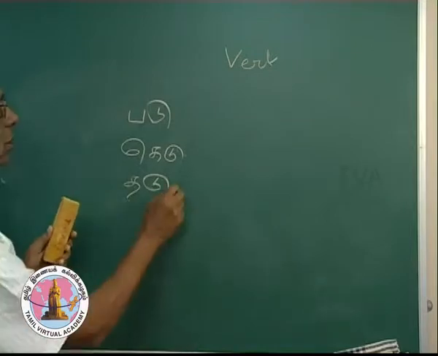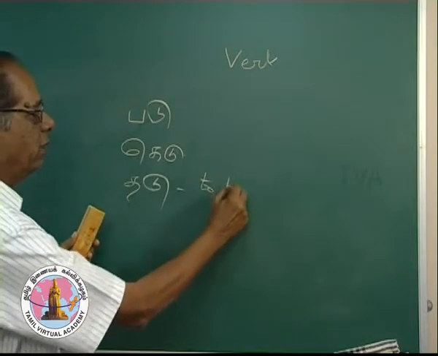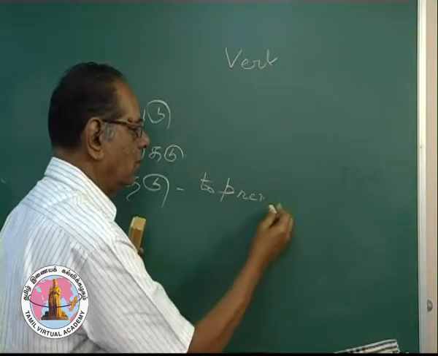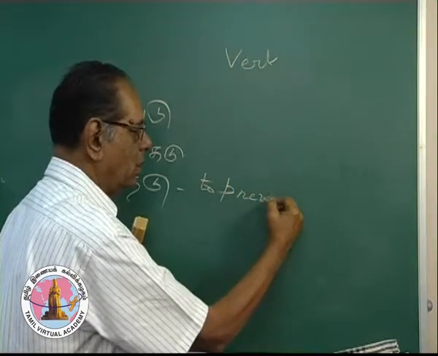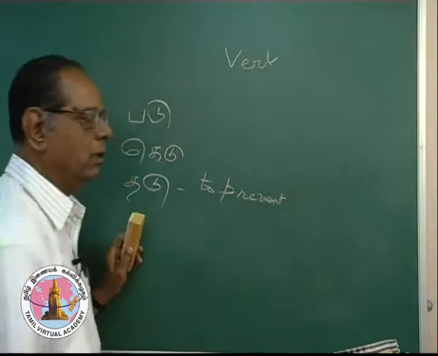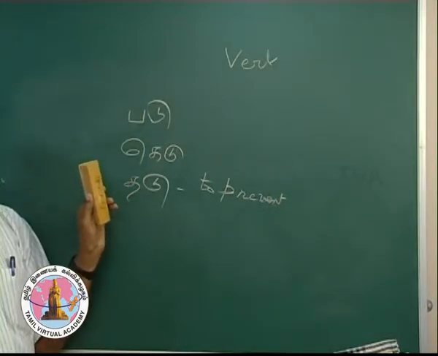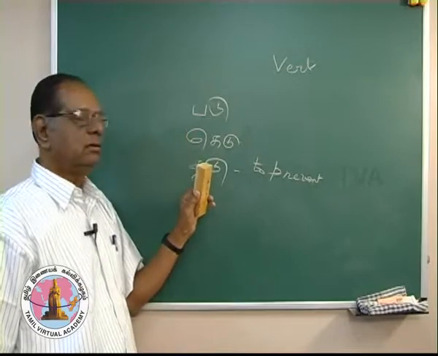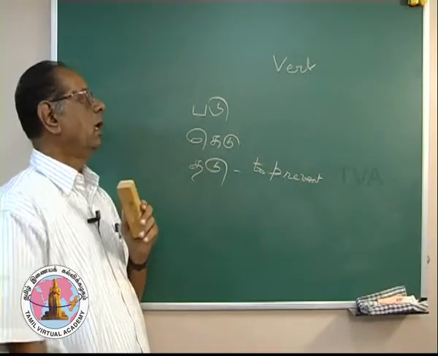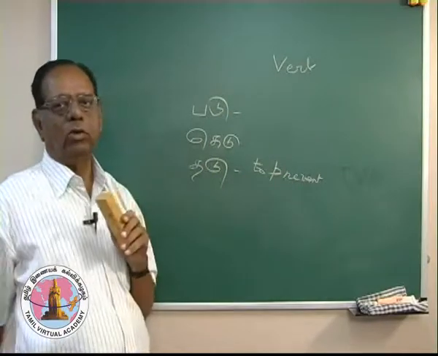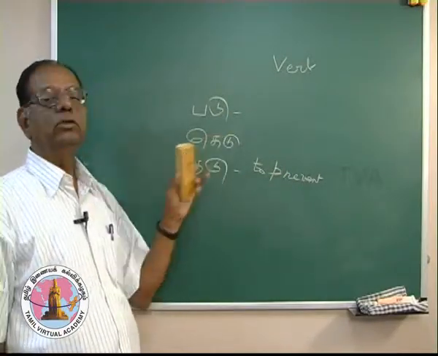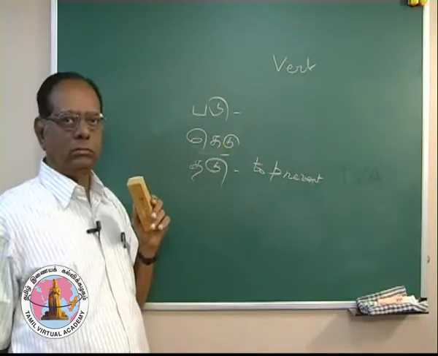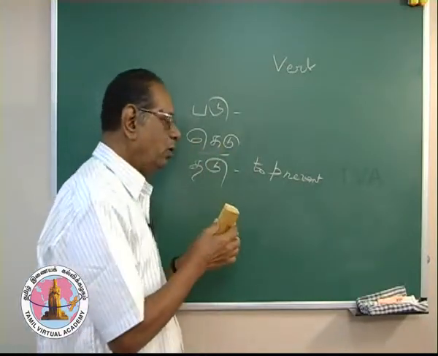Tadu, to prevent. We have not seen this verb earlier. Padu, kedu, tadu. Padu is to lie down, you know that. Kedu is to spoil somebody. It's a transitive verb. How will they change?